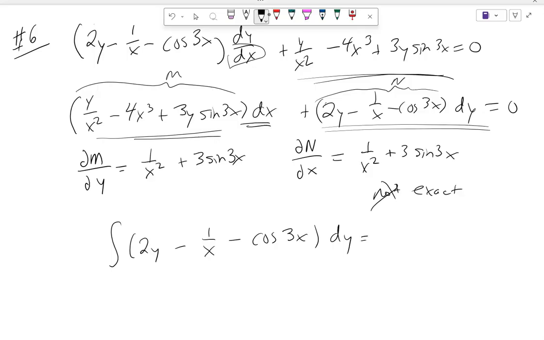Okay. This is actually a good thought. You don't have to do either of them. Right? There's not one that you have to do over the other. You can do either one you want. Antiderivative of 2y. Good. Antiderivative of 1 over x with respect to y. Good. Antiderivative of cosine of 3x with respect to y.